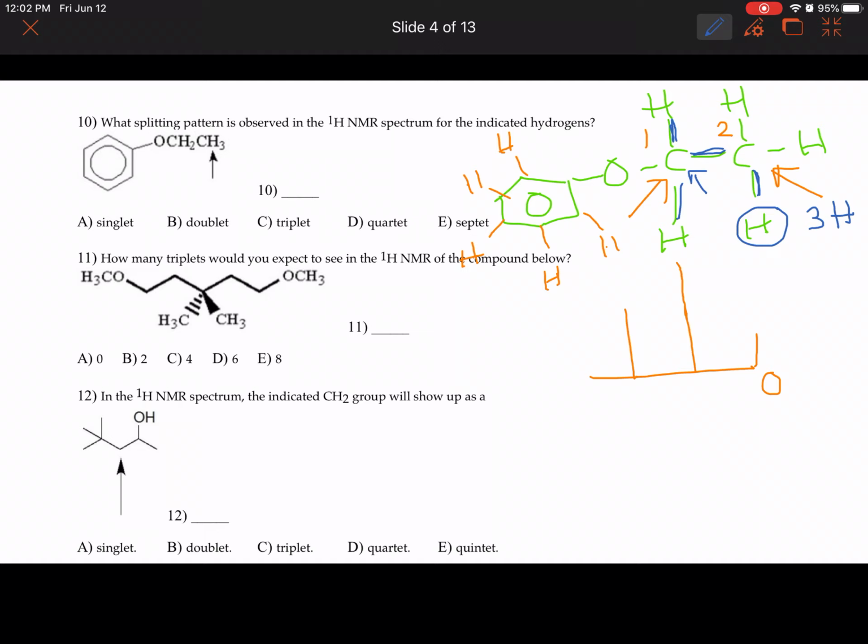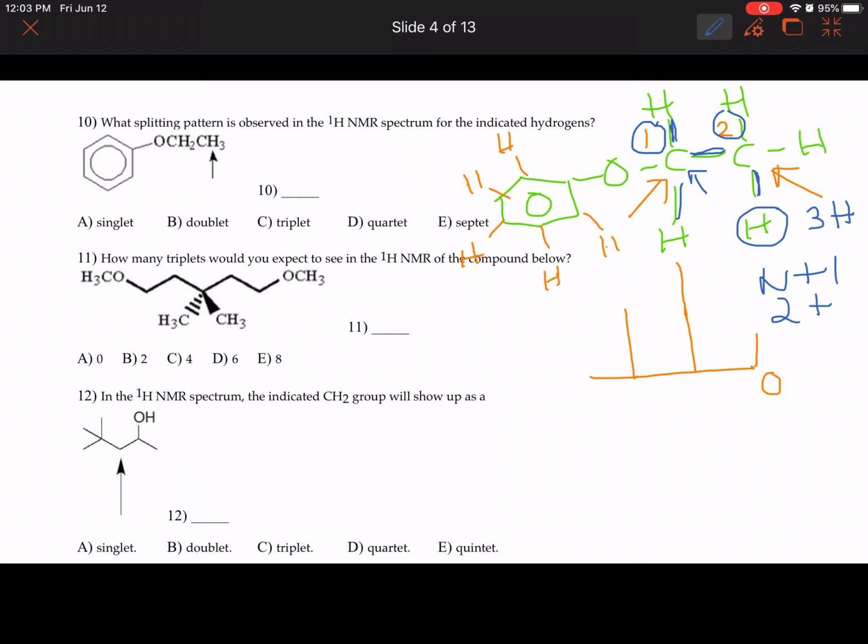And when it splits, it splits according to the n plus 1 rule. Now n is the number of hydrogens in the neighboring carbon. If you consider number 2 carbon, your neighboring carbon is going to be number 1. So the neighboring carbon has 2 hydrogens.